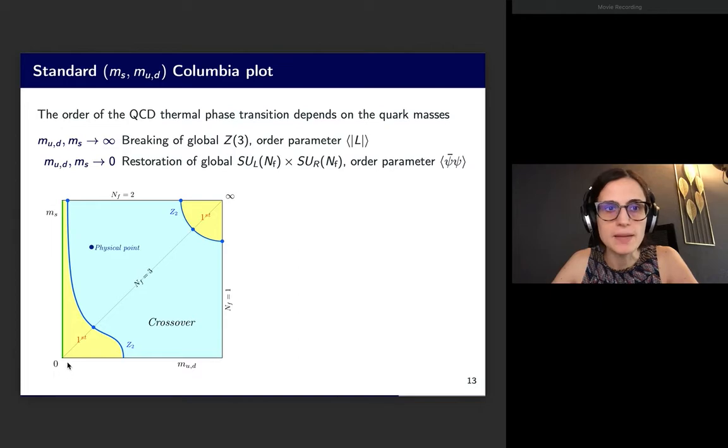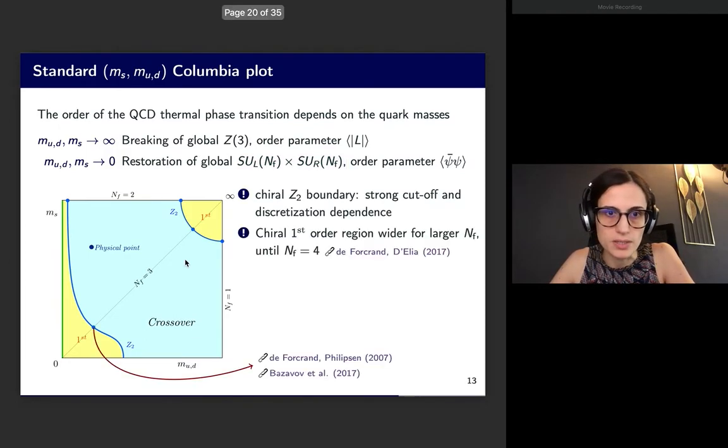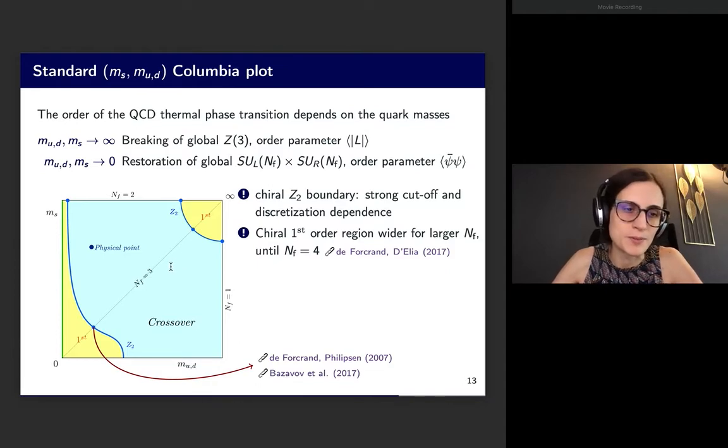This is the chiral limit where we know at some point the temperature will restore the global chiral symmetry, at least this subgroup of the global chiral symmetry, and an order parameter for that is the chiral condensate that we have just introduced. Let's stick to the plot and make more remarks because we have just discussed 2 points out of an entire plane.